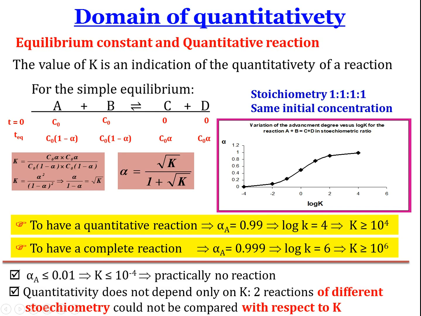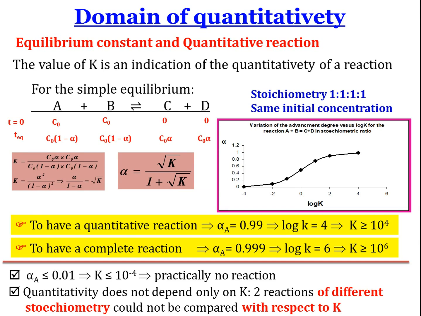The quantitativity does not depend only on K. Suppose you have two reactions. The first reaction has a value of K and the second reaction has a value of K. What is the indication of K of a reaction?